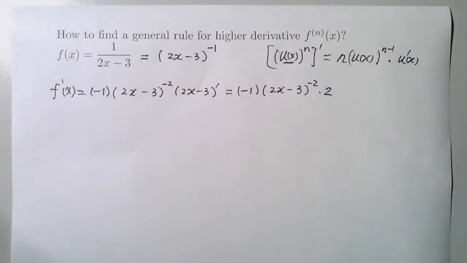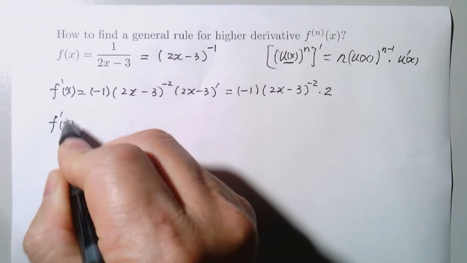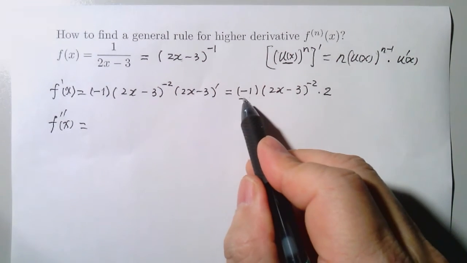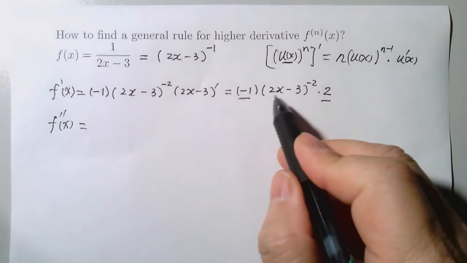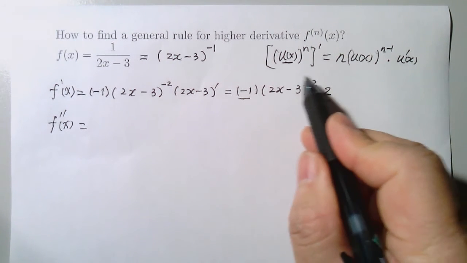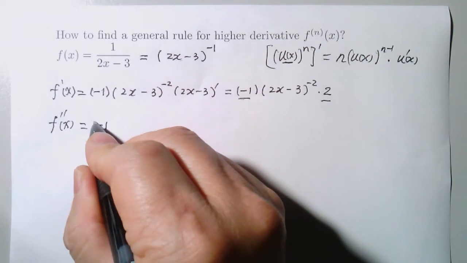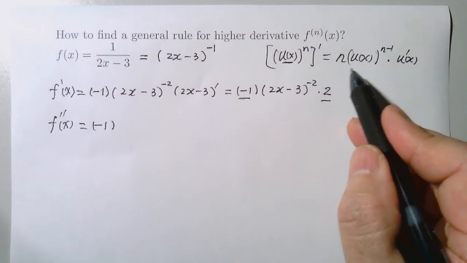Now let's take a look at the second derivative. Those coefficients just keep as they are. I copy the -1, and for the power part, I take the derivative using the generalized power rule.